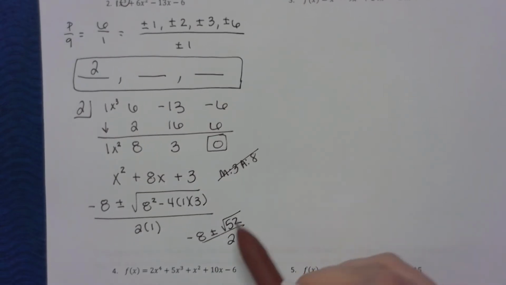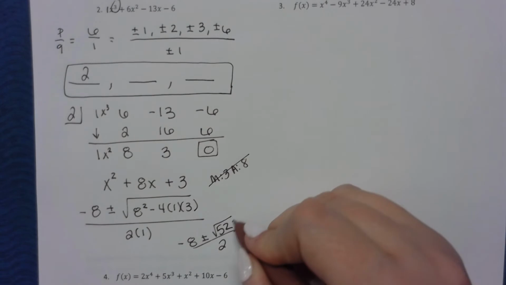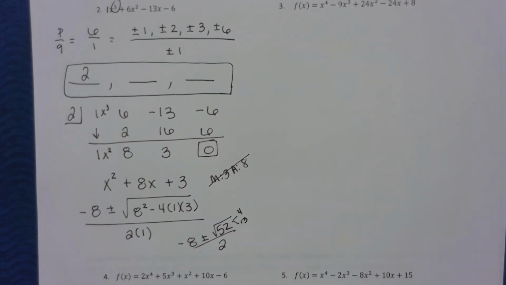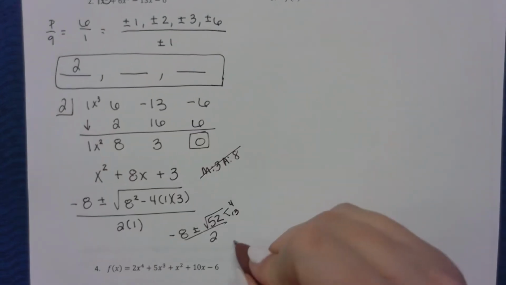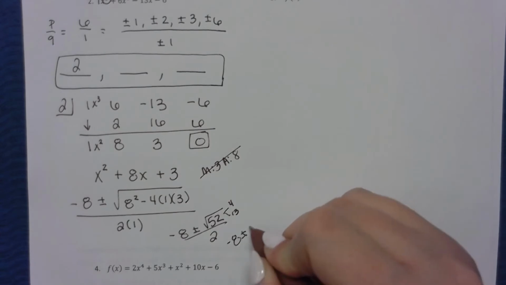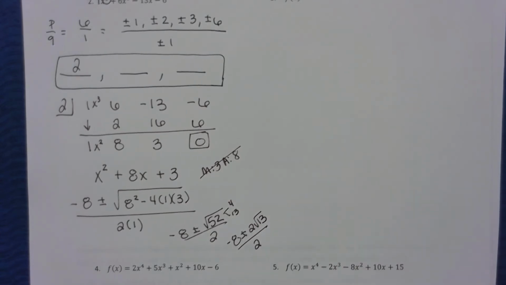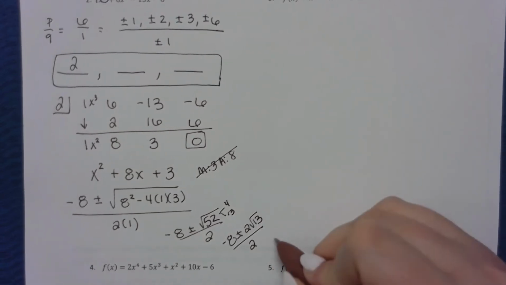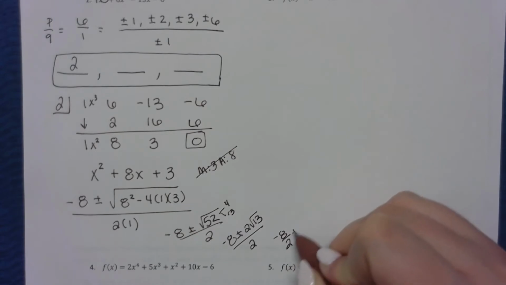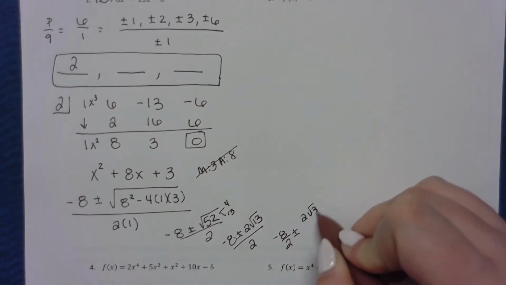Now, of course, we always have to double check if our 52 can simplify. So 52 could be 4 and 13. So that will become 2 root 13, so negative 8 plus or minus 2 root 13 all over 2, which then, if we wrote that separately, we would have negative 8 over 2 plus or minus 2 root 13 over 2.